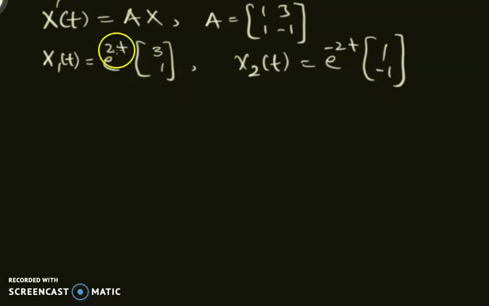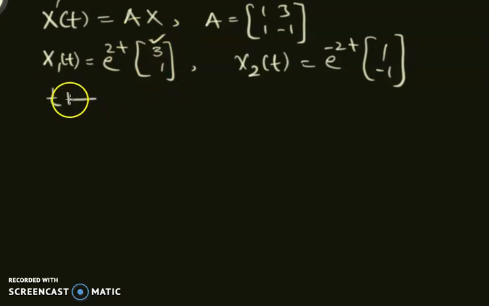Recall now, this eigenvalue is positive, and we know that this solution represents a line passing through this vector (3, 1).